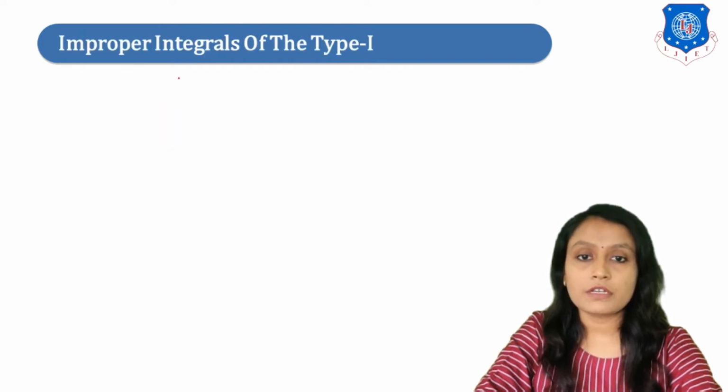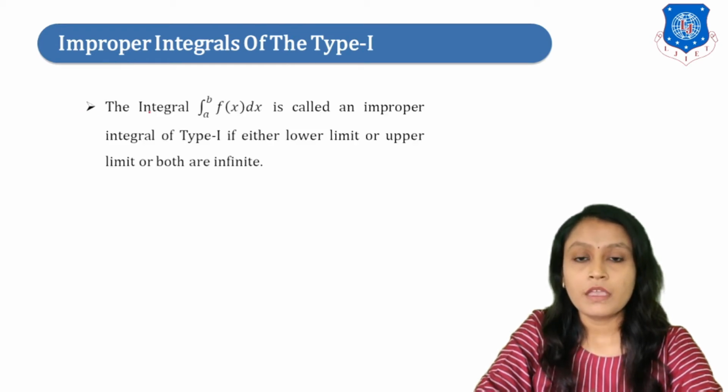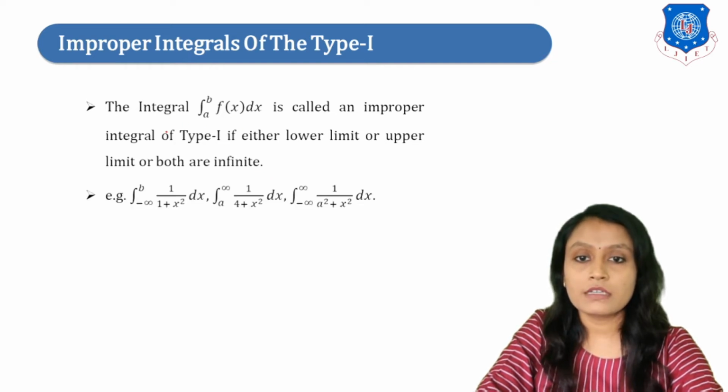So let's study the first type, that is improper integrals of type 1. The integral from a to b of f(x) dx is called an improper integral of type 1 if either the lower limit or the upper limit or both the limits are infinite. Okay, so let's understand this by example.